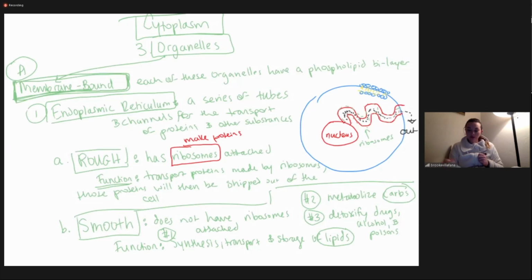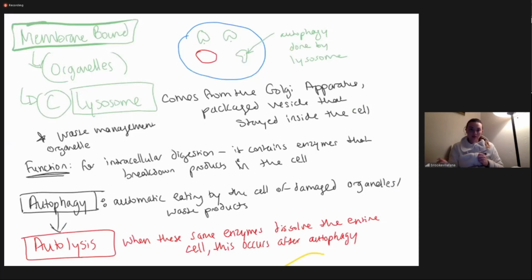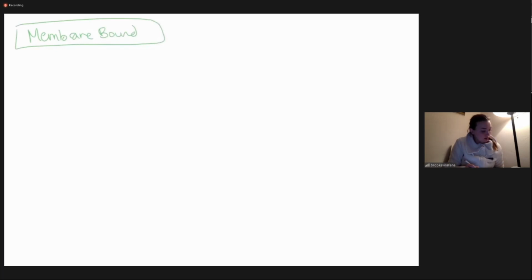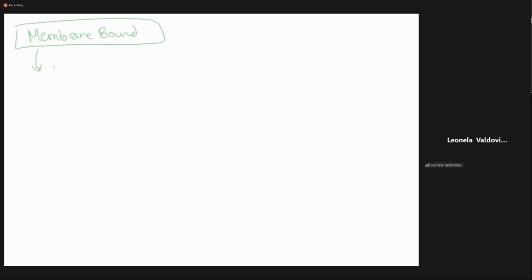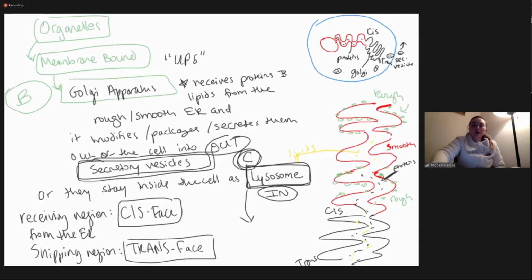Second membrane-bound organelle is the Golgi apparatus. Third membrane-bound organelle is the lysosome. So the fourth membrane-bound organelle is Brooke, would you mind going back to the Golgi apparatus, please? Yeah, sure. There we go.